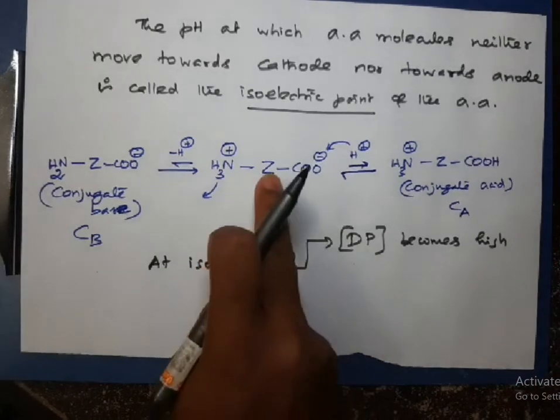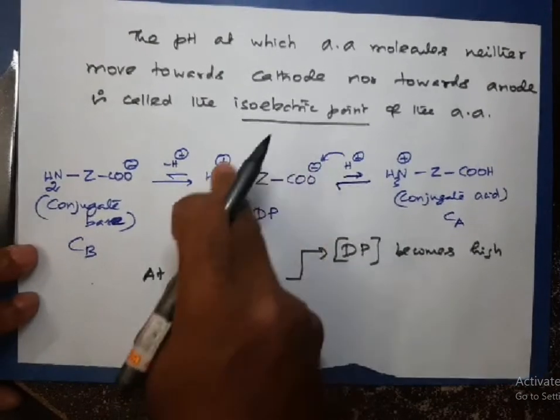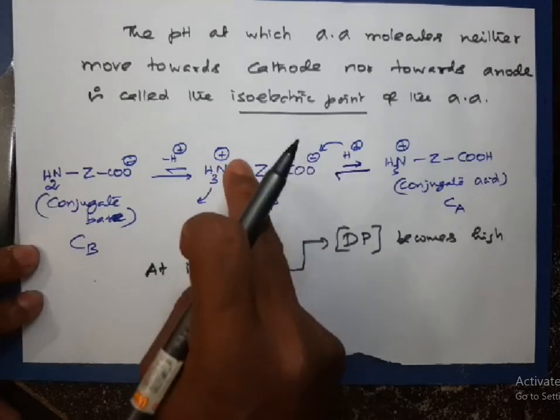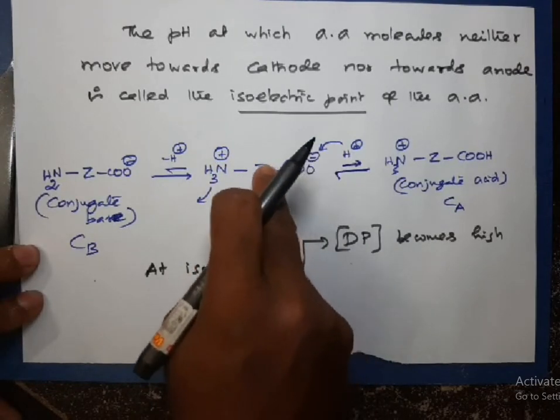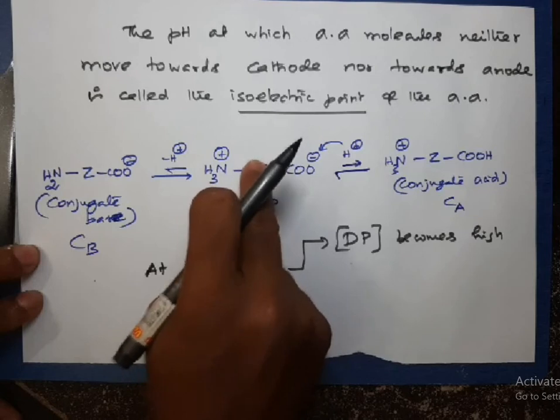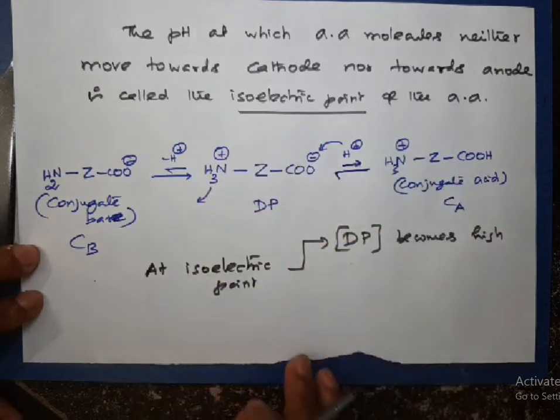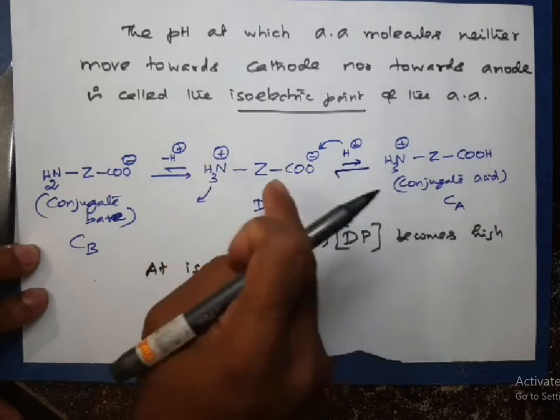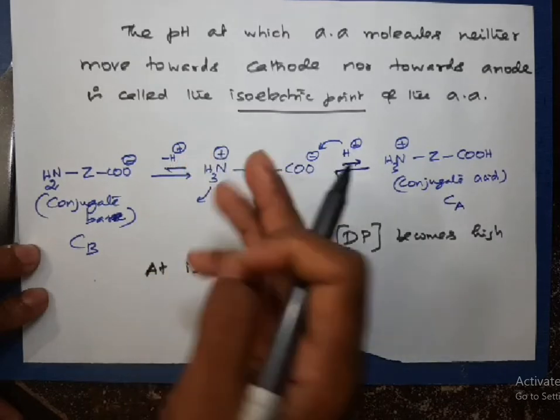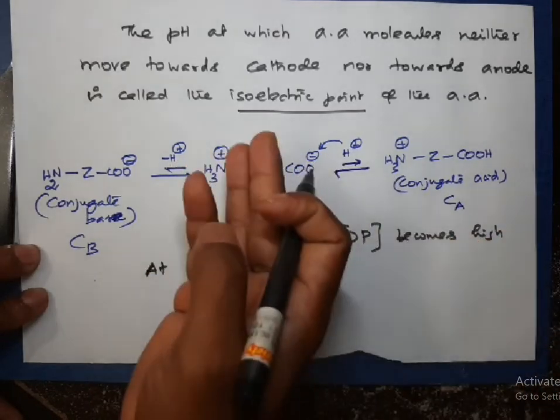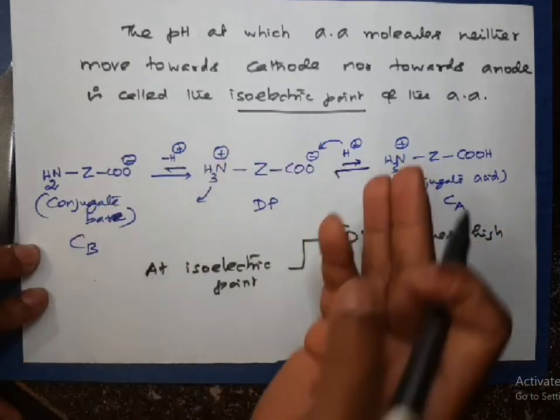If this concentration becomes high, this ion carries a net charge of 0, so it moves neither towards the cathode nor towards the anode.